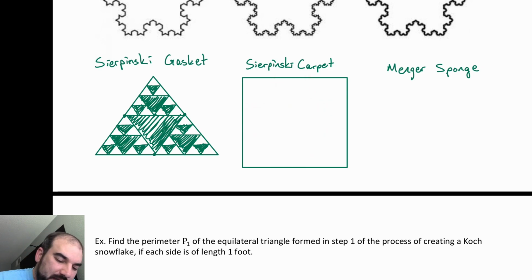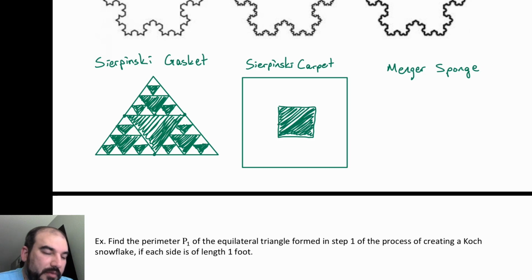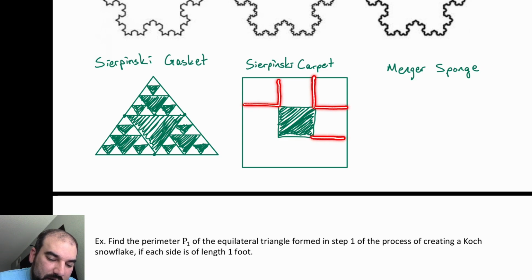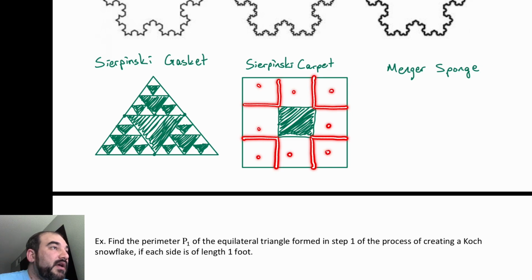And then we take that center square and we remove it. Removing that center square leaves 8 of those identical squares from the beginning, right? So there's 1, 2, 3, 4, 5, 6, 7, 8 squares remaining in our carpet.